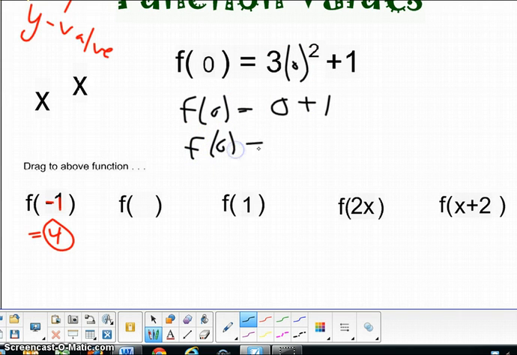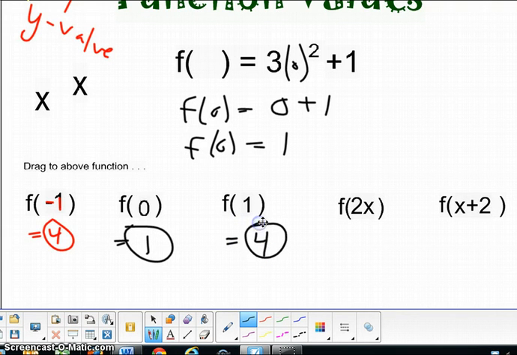So f of 0 is 1. F of 0 equals 1. So that is called the function value. The next one, your answer should be equal to 4.